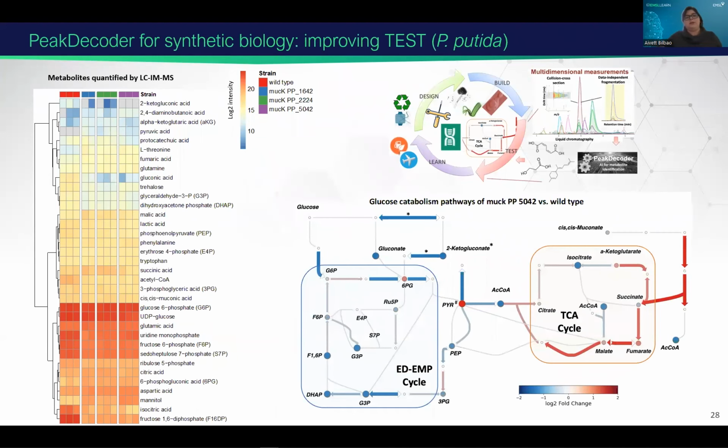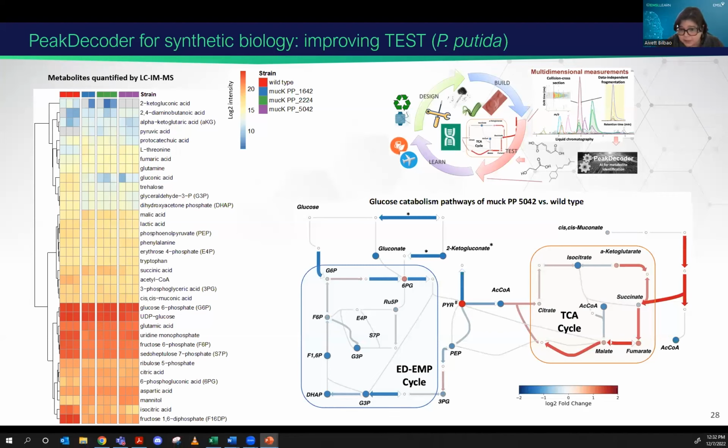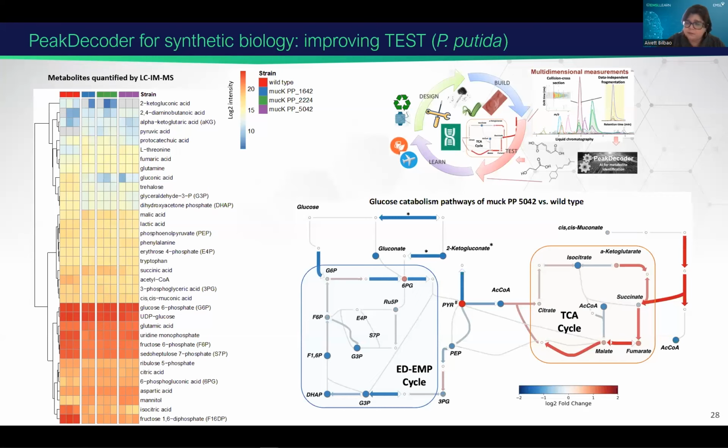In this example, also from the Agile Biofoundry consortium, we applied Peak Decoder to a metabolite study. In this case, I'm showing an example in Pseudomonas putida. We quantify the metabolites, and then we compare. In this example, we evaluated the TCA cycle, and we compare against the results from selected reaction monitoring, or targeted proteomics.